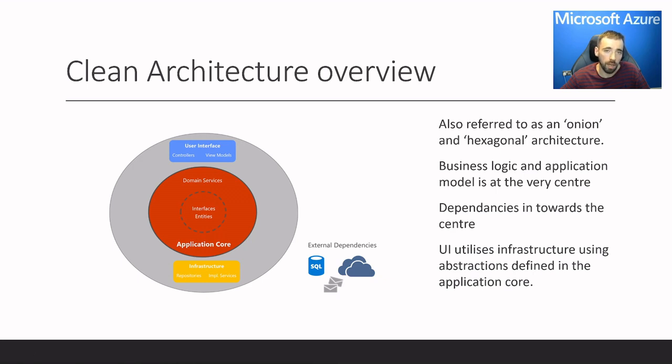It will reference the application core and then use the interfaces that are in there to call the implementations in infrastructure. It doesn't reference the infrastructure layer and make direct instantiations or static calls to any implementations. It's just using those interfaces in the application core.